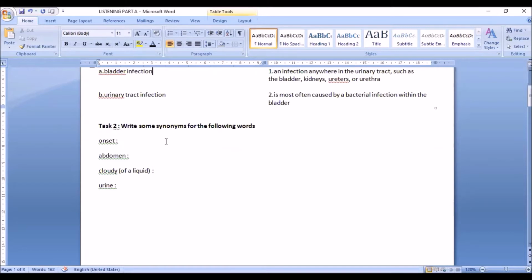And the last one is urine. A few synonyms for urine. Yes, pee is one of the synonyms. Do you only know one?